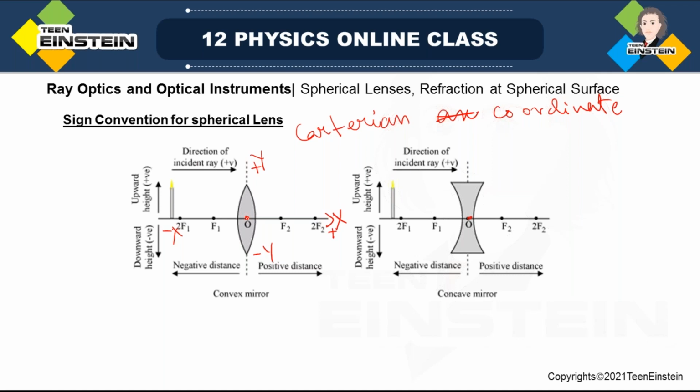The distances you measure from the optical center upward, along the positive y-axis, will give you positive distances, and the distances you measure downward, towards the negative y-axis, will give you negative distances.